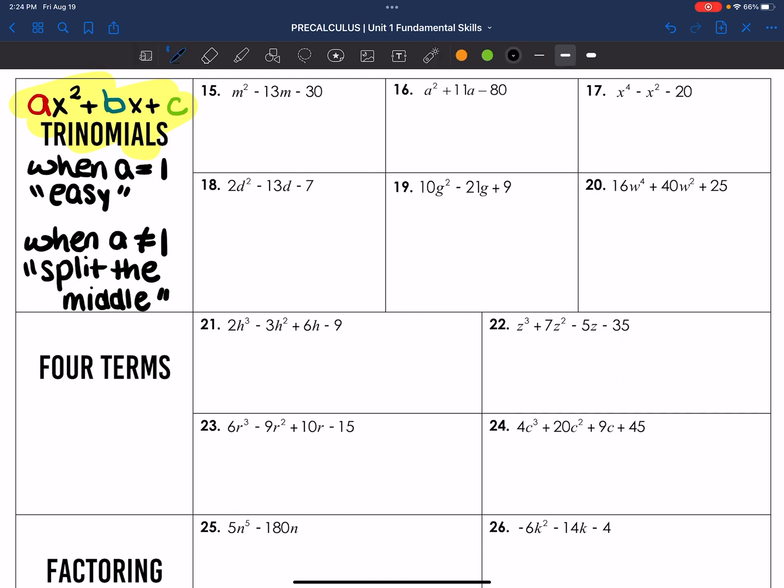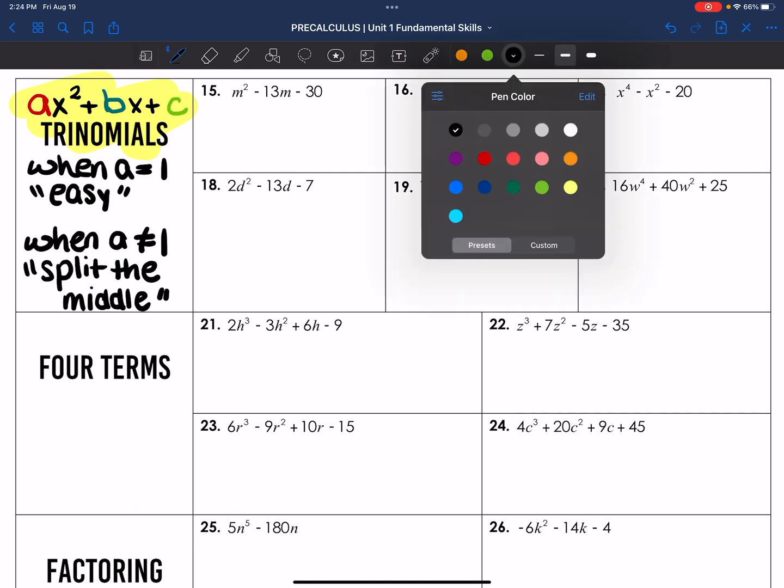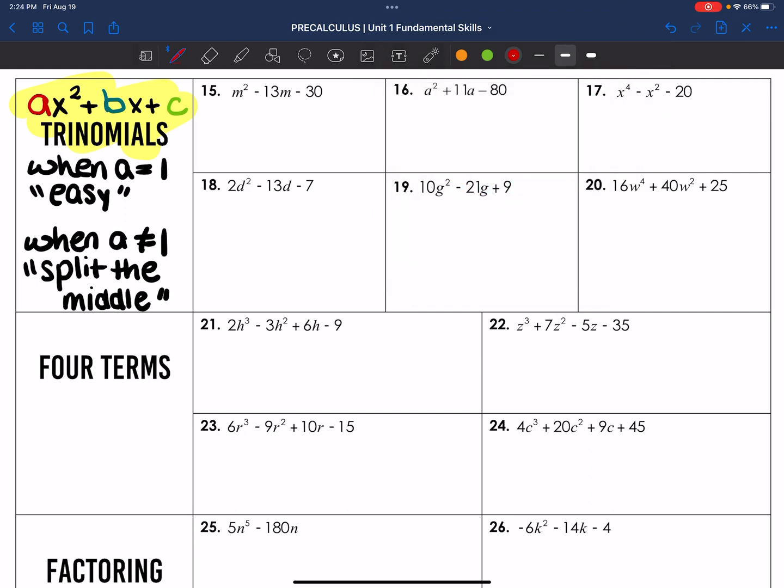Now let's check and see, can we find an easy factoring trinomial? Yes, absolutely. We've got one right here, this very first one, because our a is a almighty 1. It is an easy factor that we have for problem 15. Let's go ahead and make a little note here that this is the easy style.